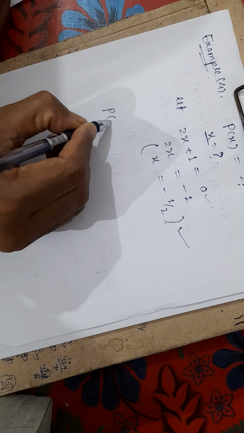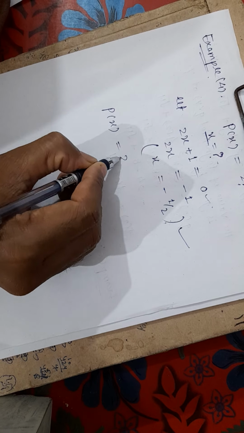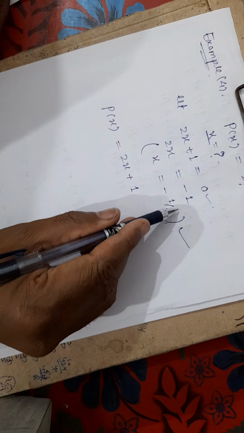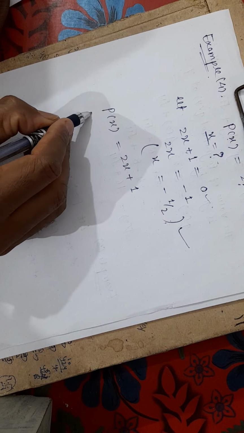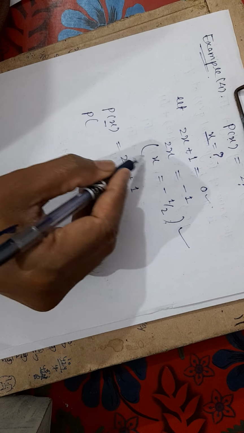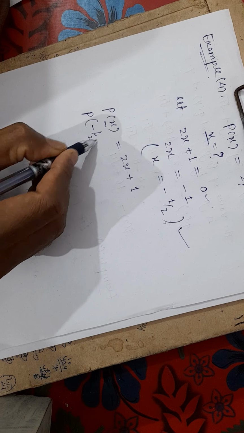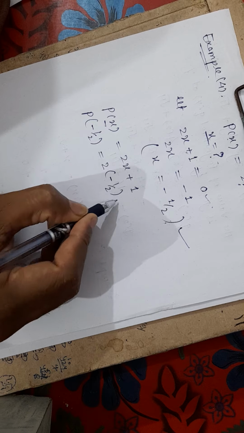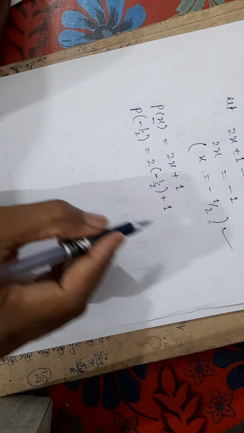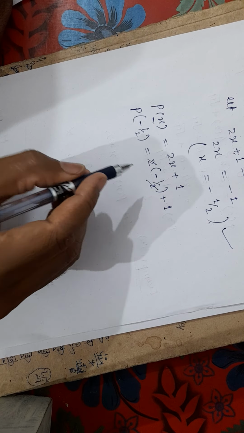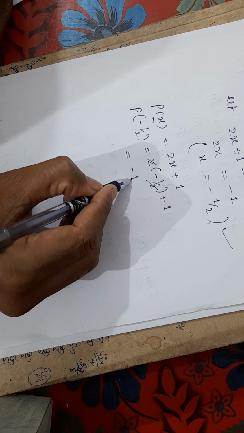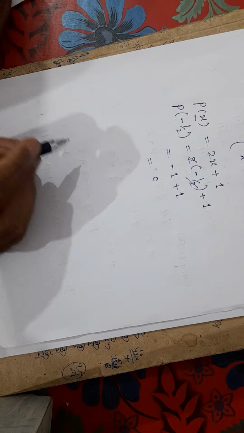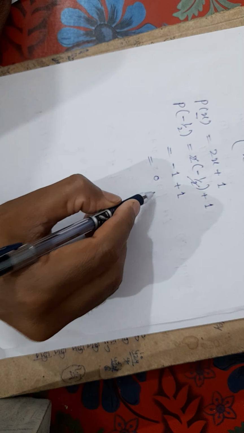Let's verify. Initially p(x) equal to 2x plus 1. So now we get the zero of the polynomial. Put in the place of x the value minus 1 upon 2: 2 times minus 1 upon 2 plus 1. The 2s will cancel, only minus 1 will remain, plus 1. Okay, so the result is coming 0 now.